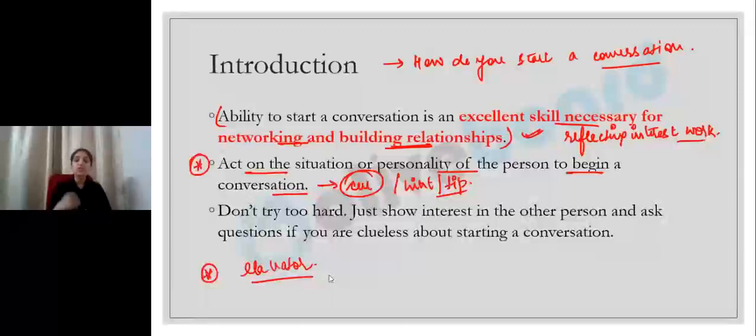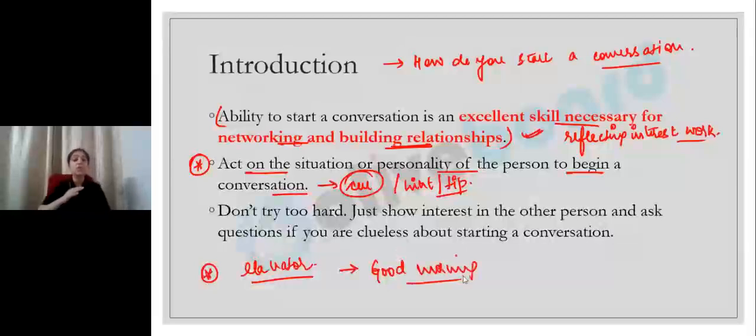Or you can simply break the ice by wishing this person good morning or good evening, acting upon the situation. When I say act upon the situation, I mean whatever is going on around you, pick on those cues. Suppose the weather outside is very good, or it's raining outside, you can pick up on these cues and simply start the conversation.